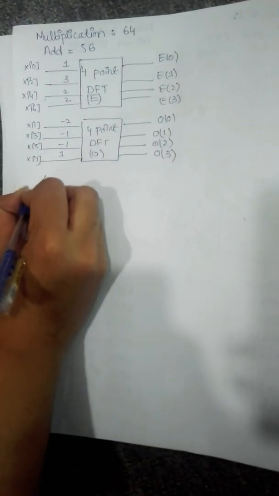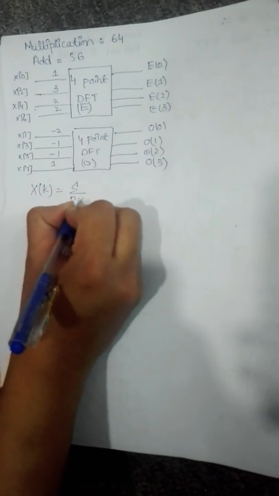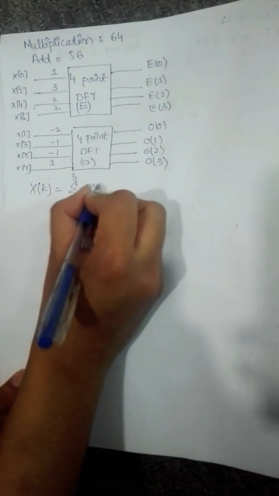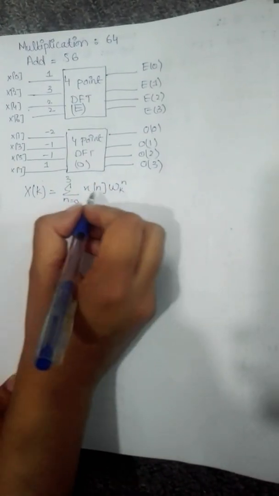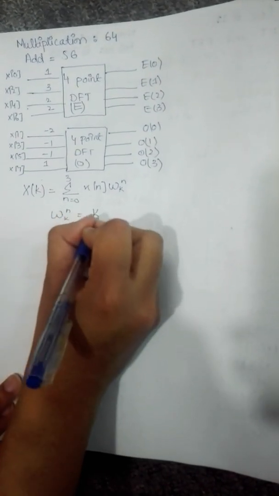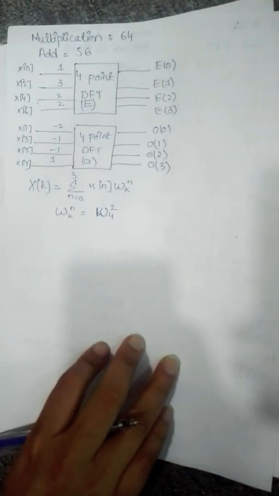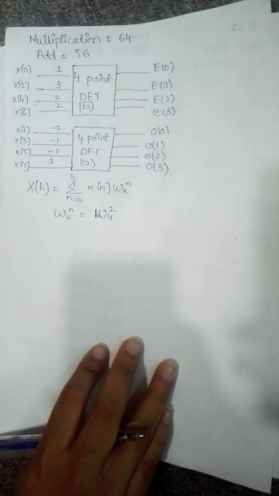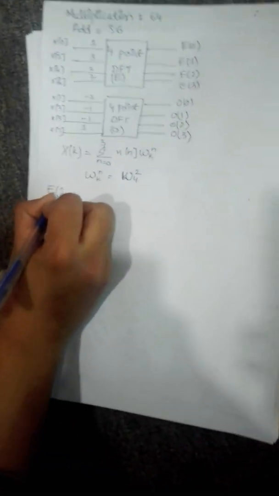Using the formula X of k is equal to the summation n is 0 to 3 x of n W of kn. We know that for this sequence W of kn is equal to W of 4. I will compute only one, and in the same way you can compute all. Let's say that is E of 1.